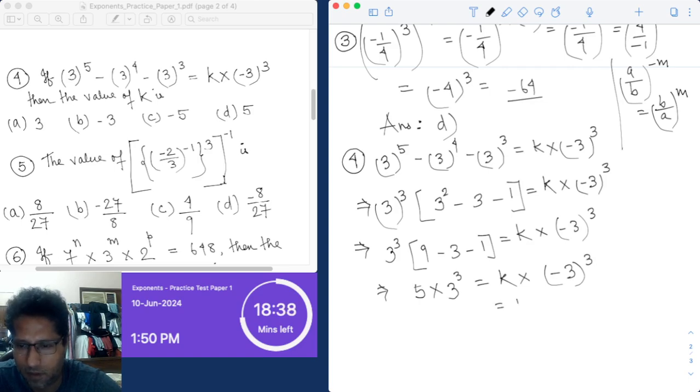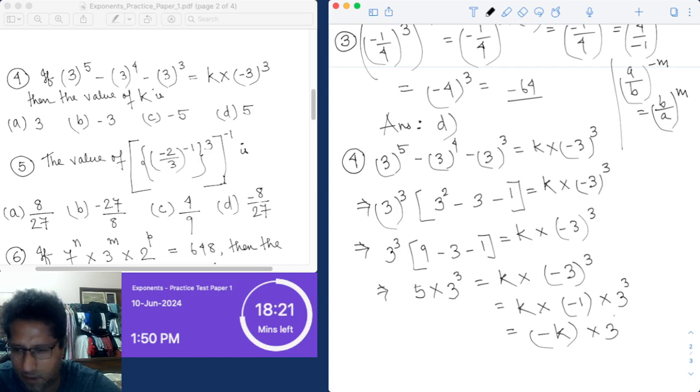Now (-3)^3 is nothing but negative of 3 cube. So the negative I can say -1 multiplied by 3 cube. This I can say -k multiplied by 3 cube.